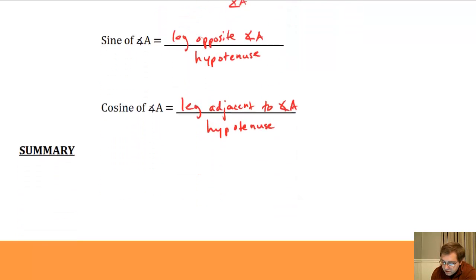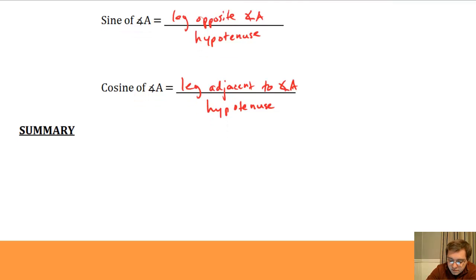As a way to summarize those three trigonometric ratios, use this abbreviation. Sine is opposite over hypotenuse. Cosine is adjacent over hypotenuse.